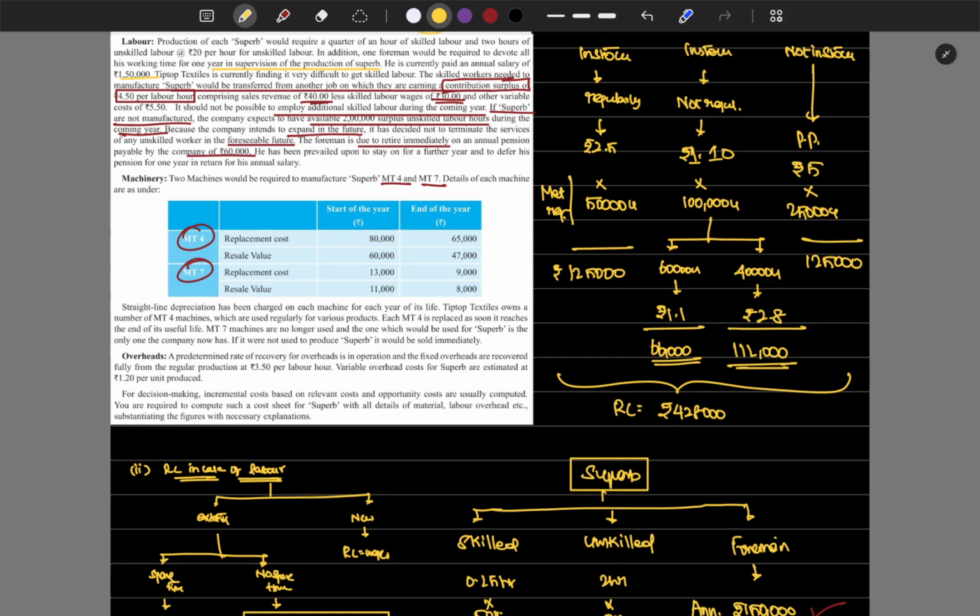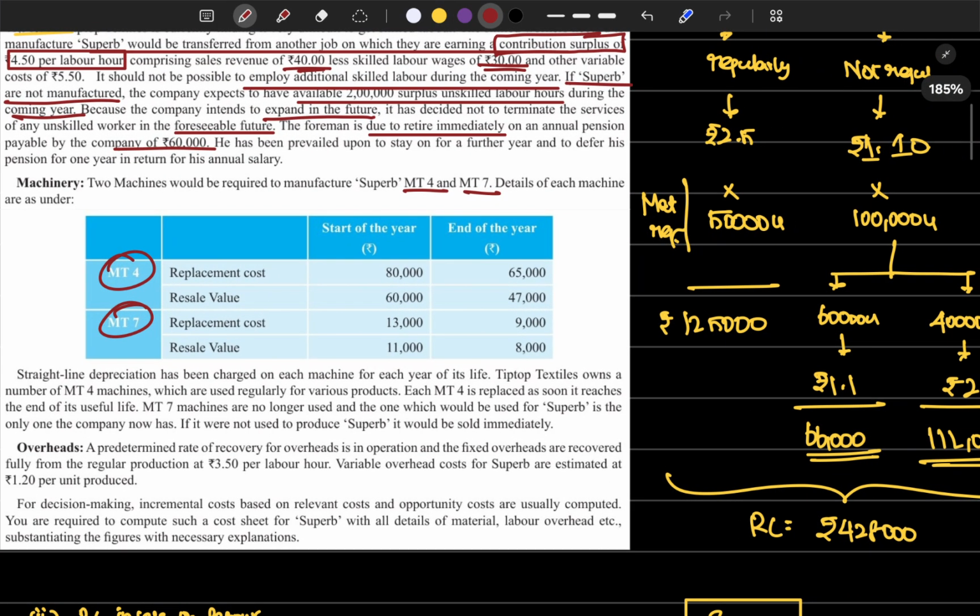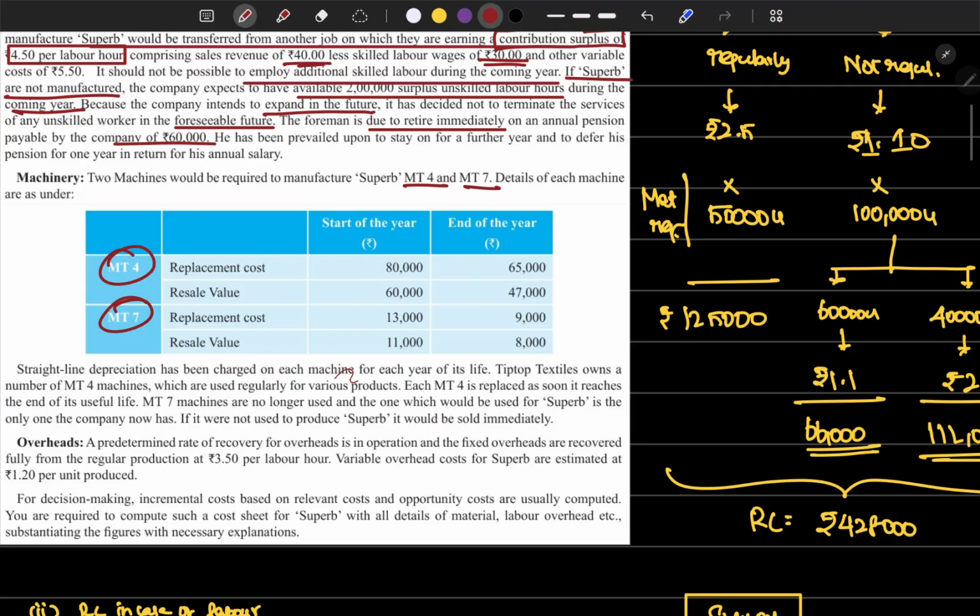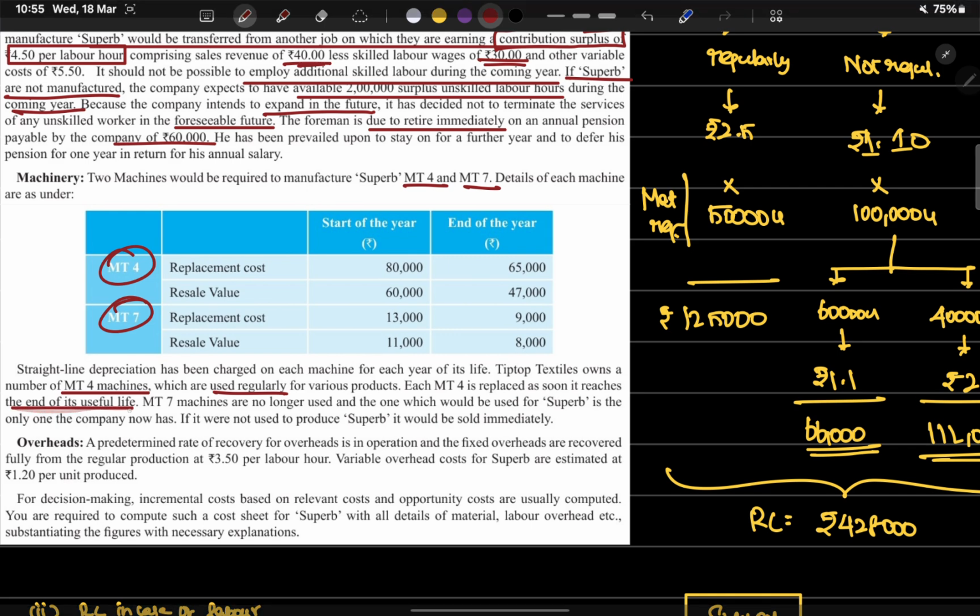What they have said here: straight line depreciation has been charged on each machine for each year of its life, not required. Tip Top Textiles own a number of MT4 machines, and they are regularly used for various products. Each MT4 is replaced as soon as it reaches the end of its useful life.